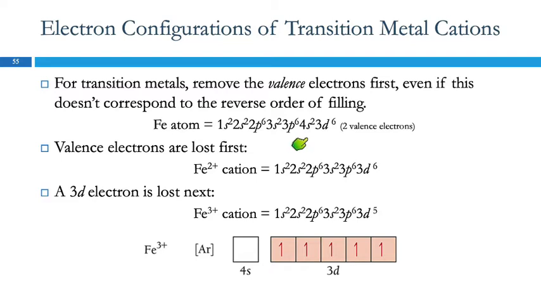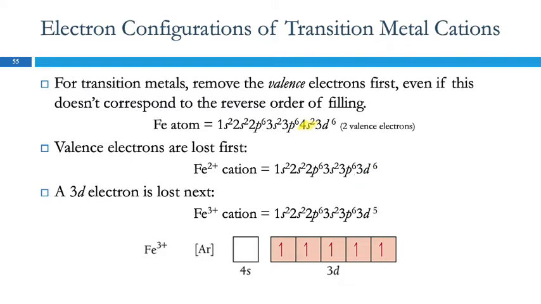But the valence electrons get lost first. We've got 1, 2, 3, and 4. 4 is the largest number in the electron configuration. These are the valence electrons, so we're going to take those out. We get rid of those. That gives us an iron 2+ cation.